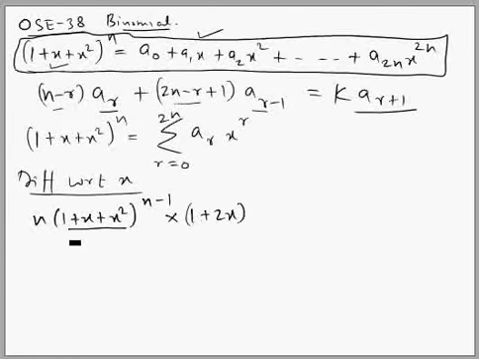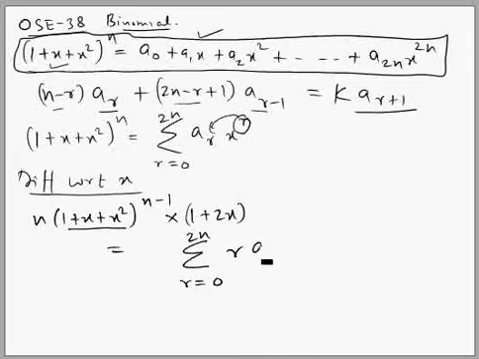If this derivative part is not clear, you can leave it for the time being till we study derivatives. n comes out, the power reduces, and then we multiply with the derivative of this, equals, on the right hand side also when we differentiate, the power comes in as coefficient: r ar x to the power r minus 1, right?